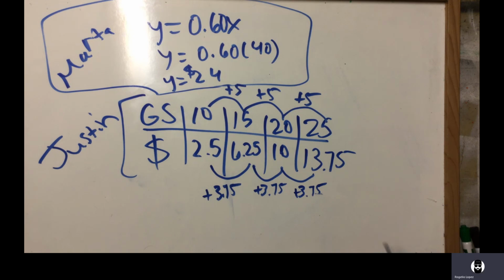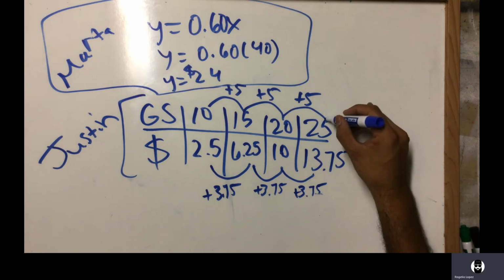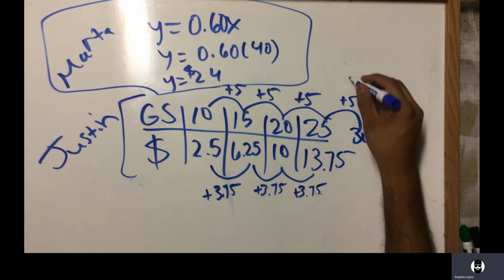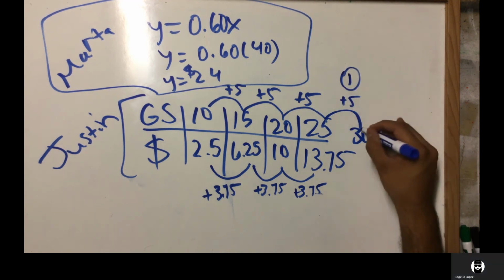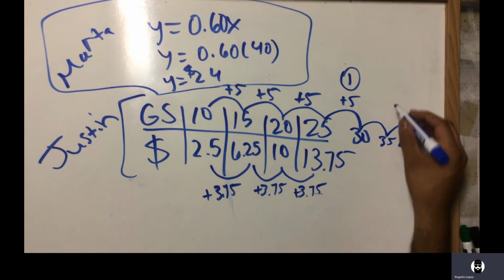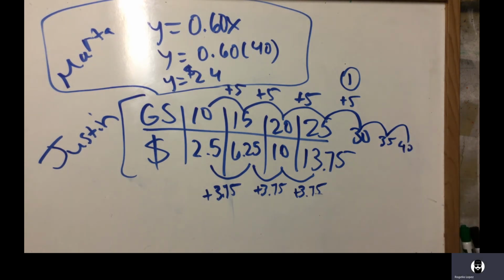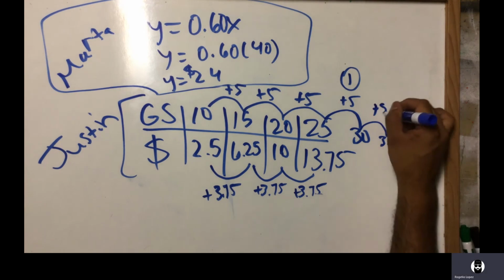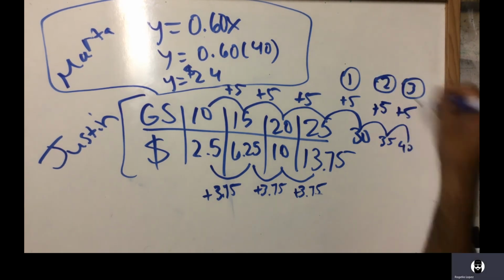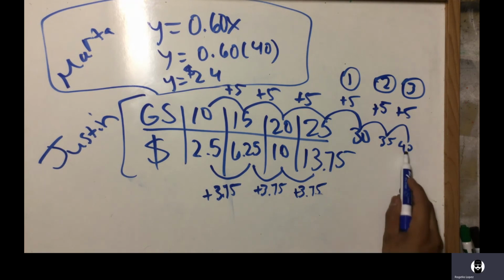Okay. So in order to get to 40, I would have to go another 5, which would get me to 30. So that's number one. And then to 35, and then one more to 40. So that's three plus 5s. That's number 2, and that's number 3, to get to 40.